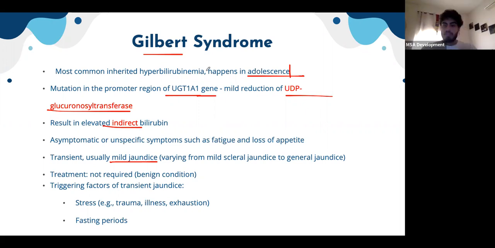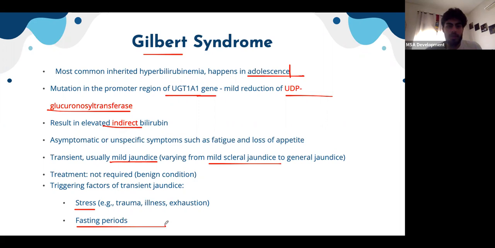But what's very important to know is that in Gilbert syndrome, it's always mild jaundice compared to Crigler-Najjar. So it's transient, usually mild jaundice, varying from mild scleral jaundice to general jaundice. Treatment is not required because it's benign. It might have some triggering factors such as stress or fasting periods.